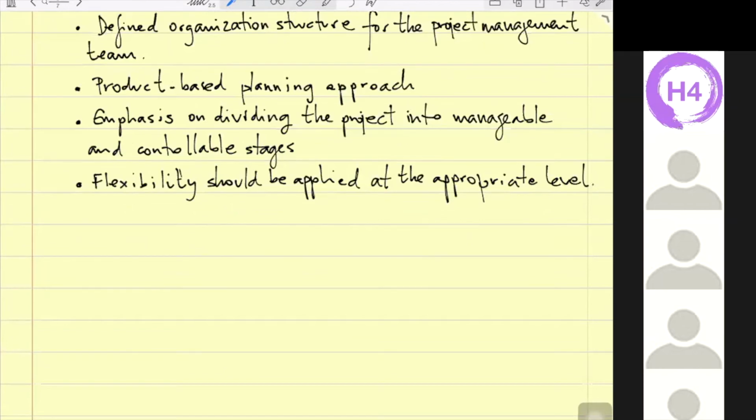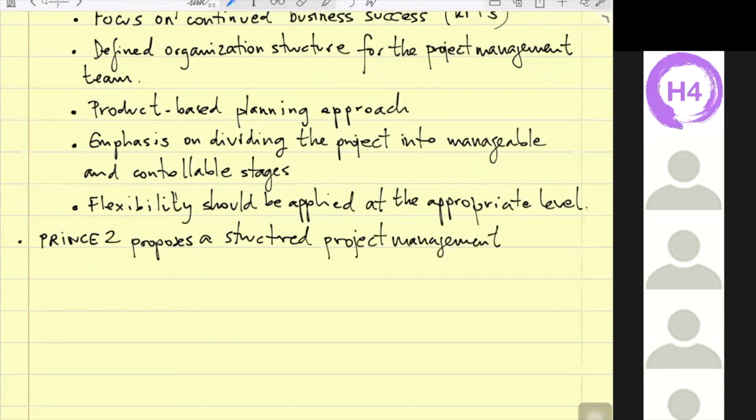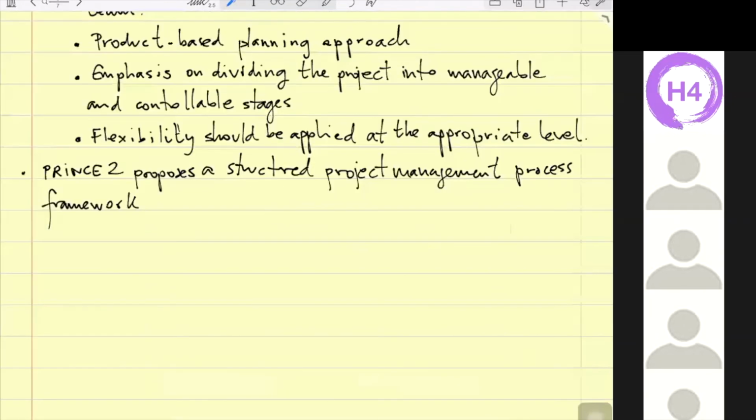So Prince2 proposes a structured project management process framework with some principles, and this proposes 3 keys that a project should have.